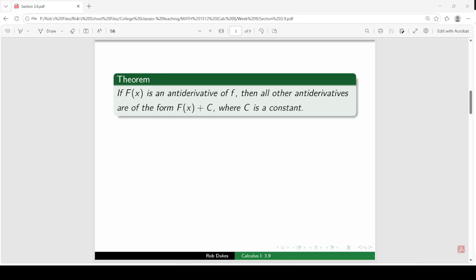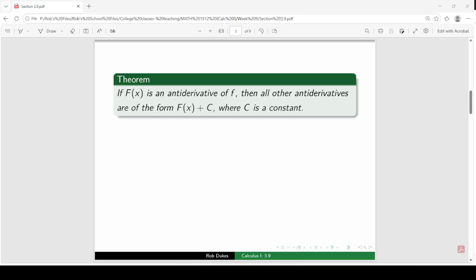Well, first off, if G of x is equal to F of x plus C, then little g of x, its derivative, would just be little f of x. So those are both antiderivatives. Can we prove that there's no other option? Well, that would require the mean value theorem, which we haven't really talked about. We'll talk about it a little later in the semester if we get the chance.